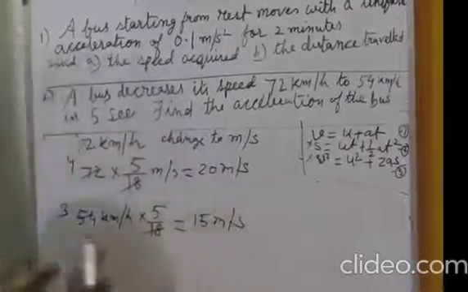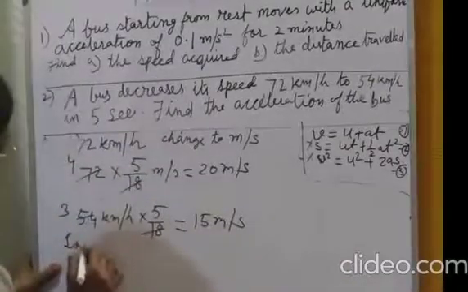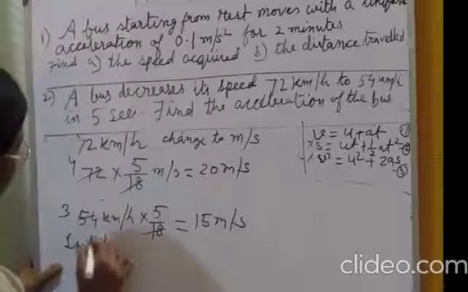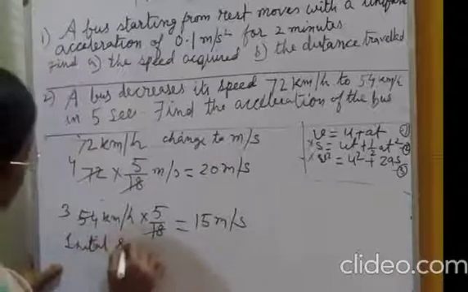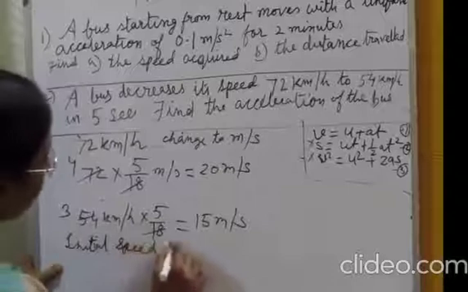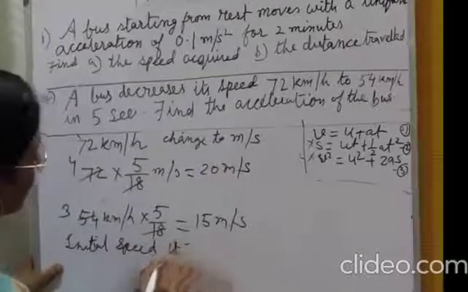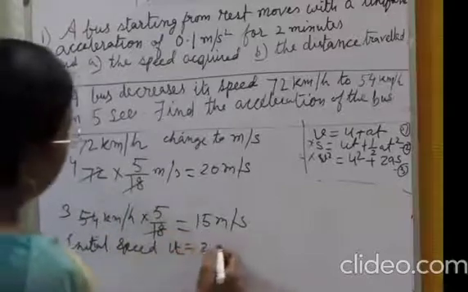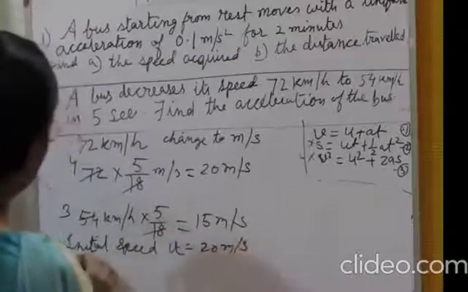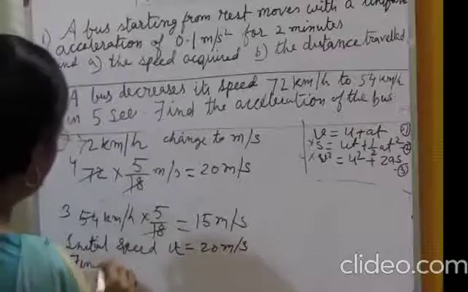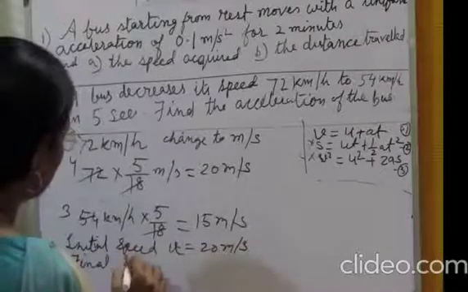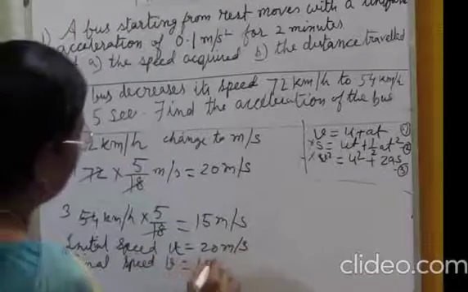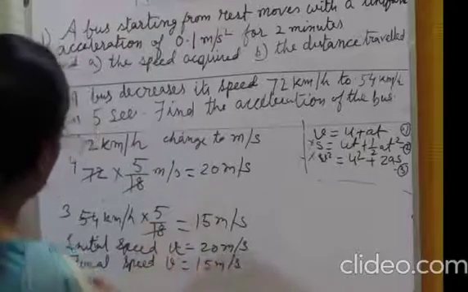Now you have to write: initial speed U equals 20 meter per second. Final speed V equals 15 meter per second.